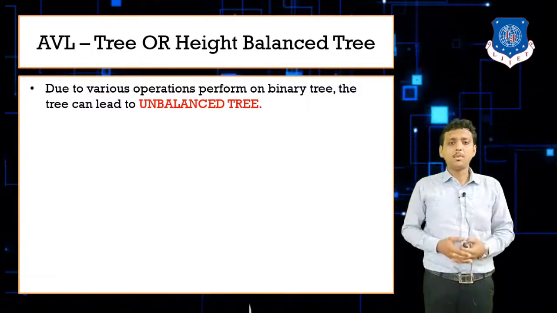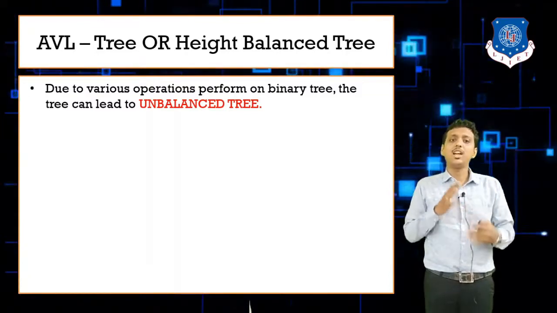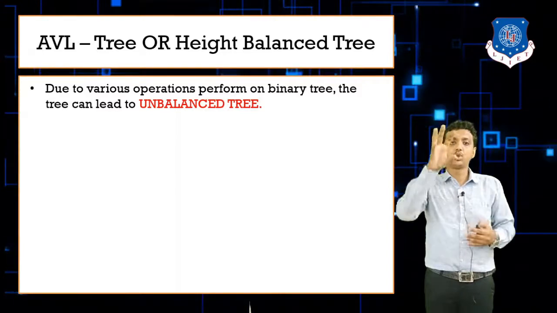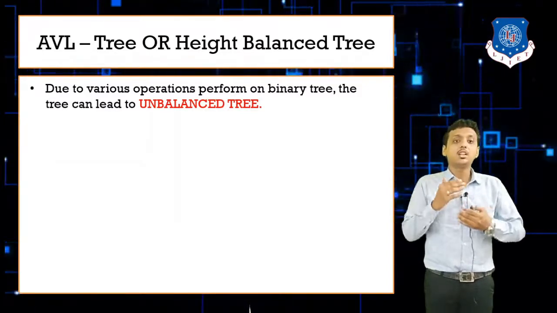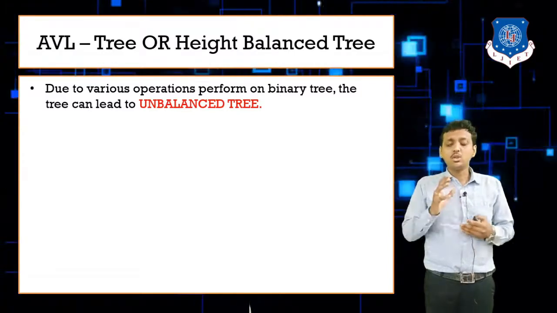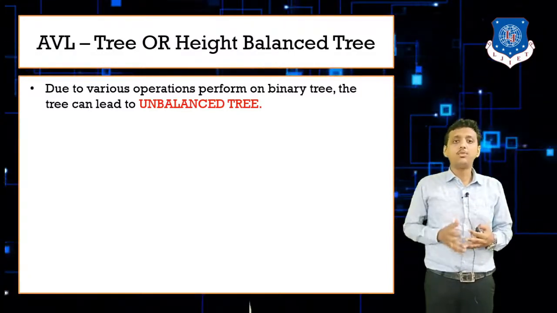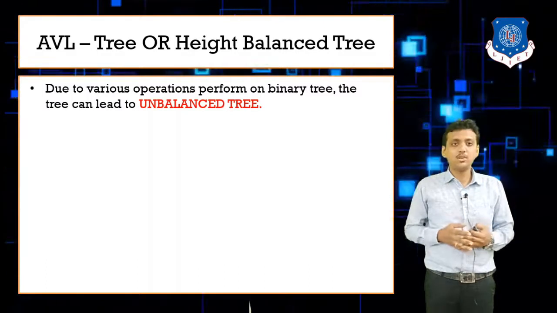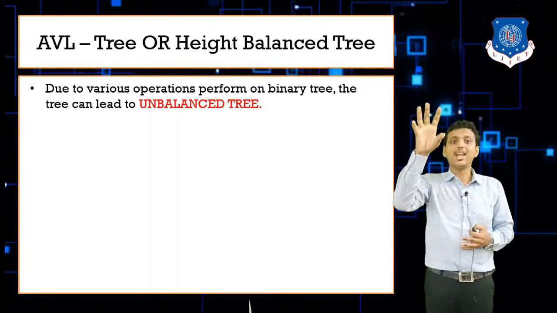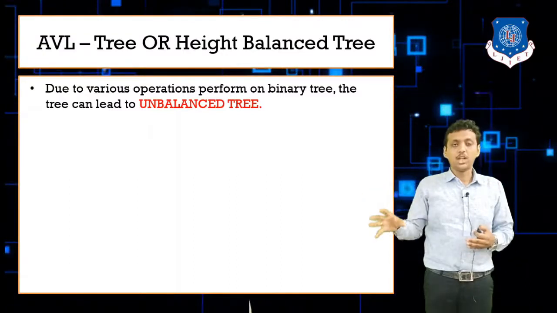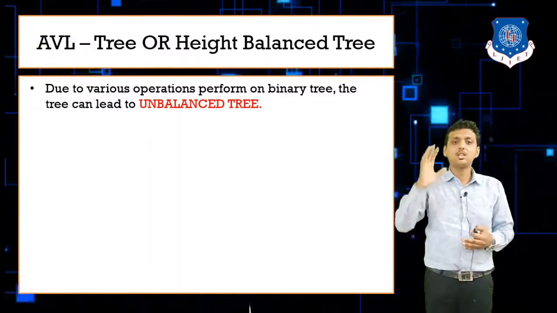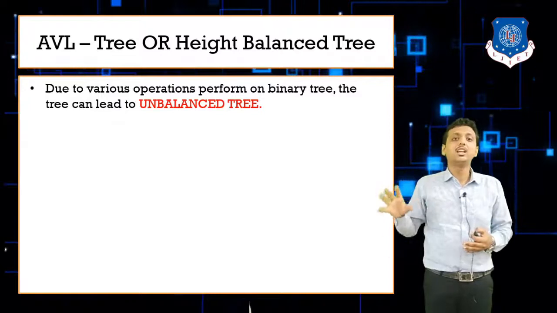Now, if we insert on the left side, like we have root node 10, and we insert 3, then 2, then 1, after inserting all 4 values your tree goes like this: 10, then 3, 2 and 1. So it just becomes a left sided tree.